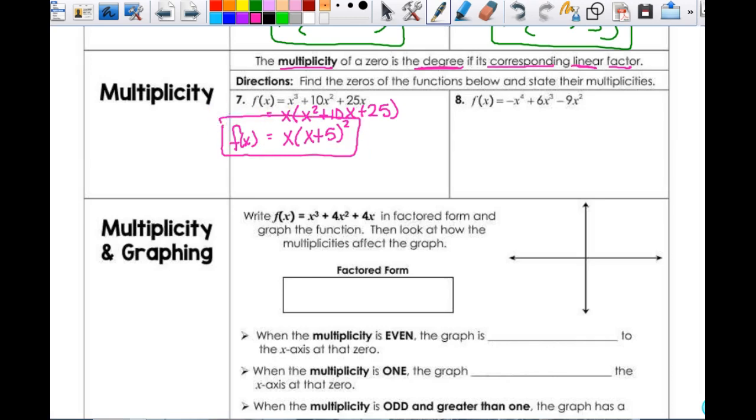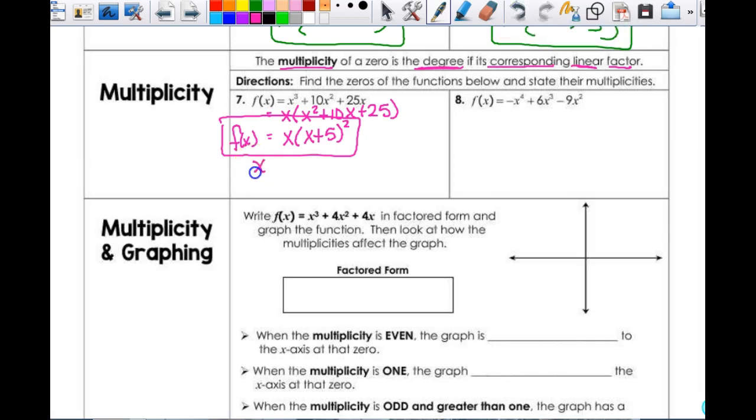So our zeros, we're going to list them out a little bit differently here because we're talking about multiplicity. So this would give me a 0 and this would give me a negative 5. But here I've got two of them, right? So when x equals negative 5, my board is not cooperating and I just wanted to move it up a little bit.